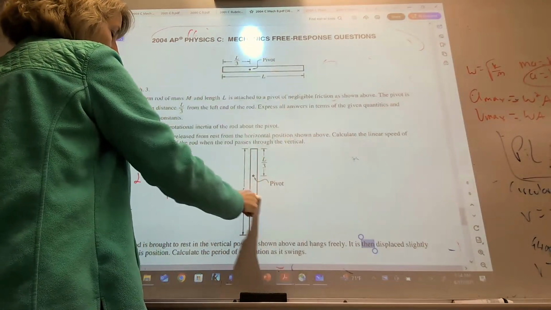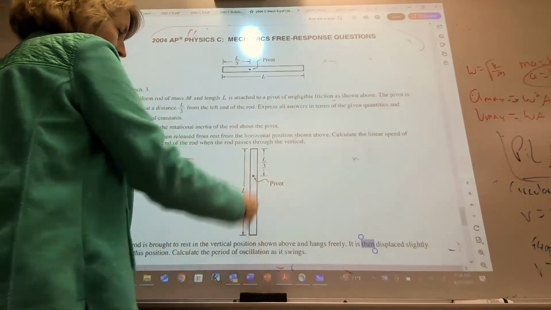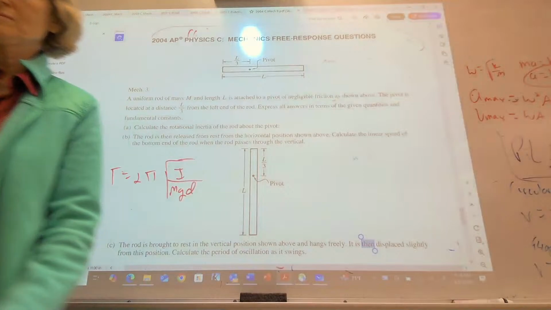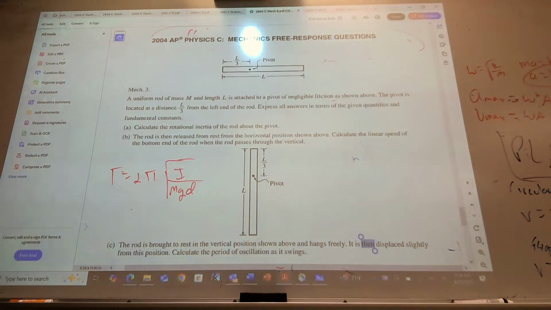It drops down. How much is this oscillating? 1/6. L over 6.